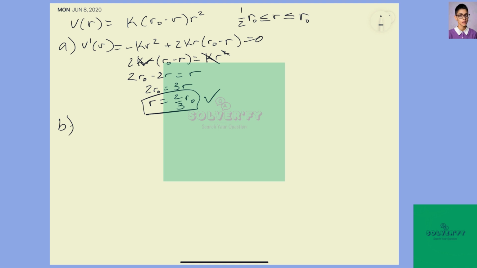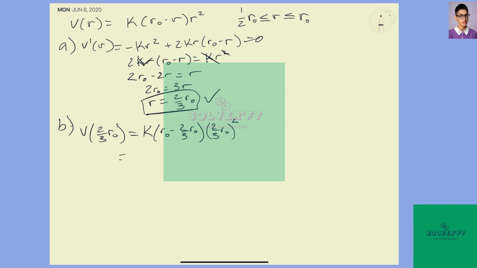Okay, so for part B, we're trying to find the absolute maximum value of v. So all we need to do is plug in this 2/3 r0 into our v equation. So we're going to have v of 2/3 r0 is going to be equal to k (r0 minus 2/3 r0) times (2/3 r0) squared.